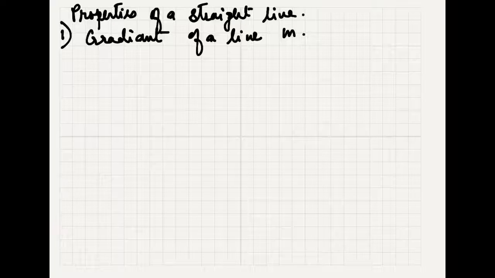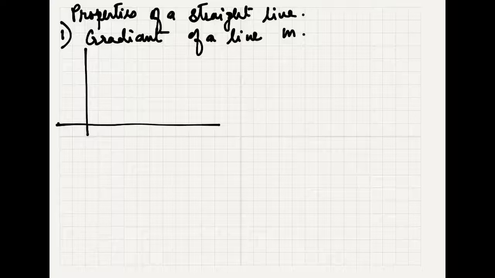So how to find this gradient? The gradient of a line can be found by the difference, sorry, not the distance, actually the difference of the two coordinates.